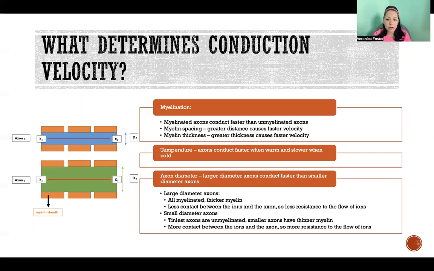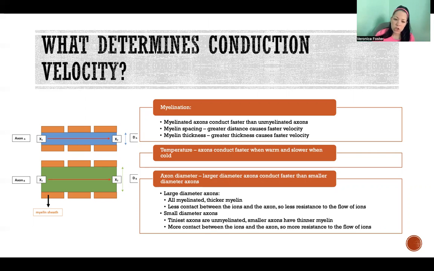When there's greater distance between the nodes of Ranvier, the gaps in between the myelin, that results in a faster velocity. Also, the thicker the myelin sheath is, the faster the conduction velocity will be. The larger the diameter of the axon, the thicker the myelin is, generally speaking.